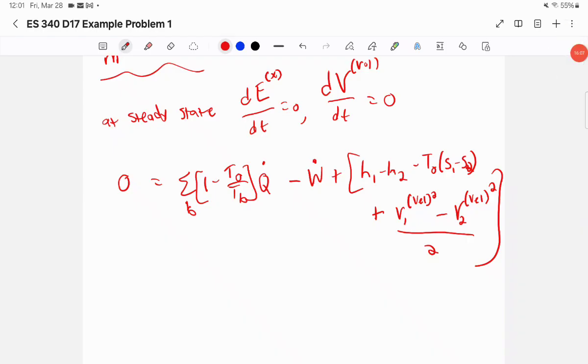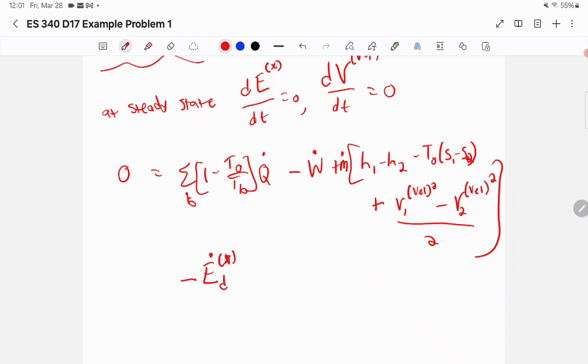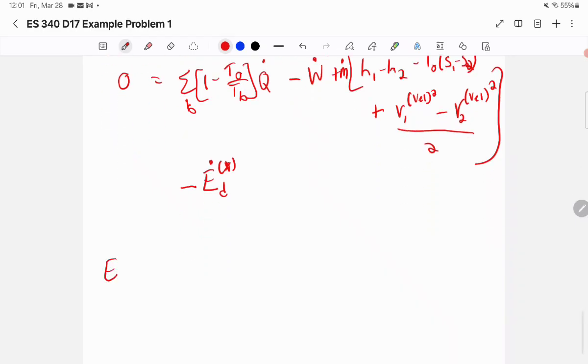I forgot one key piece of information though. This is going to be minus ED dot, and this should have been an M dot here. Forgot my M dot. So we have the minus the exergy destruction rate, which obviously we can then rearrange so that E dot D is equal to all of this.